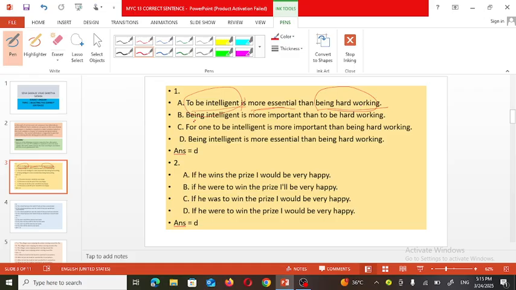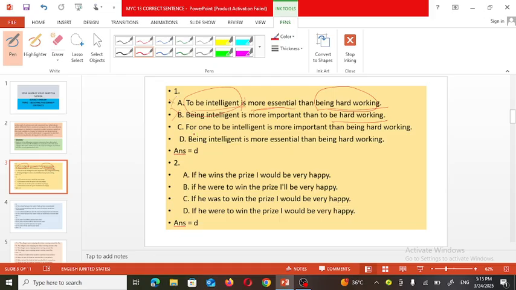In the second sentence, you are able to see: being intelligent is more important than to be hardworking. The comparison is between being intelligent and hardworking, these two things. So this sentence won't be correct.